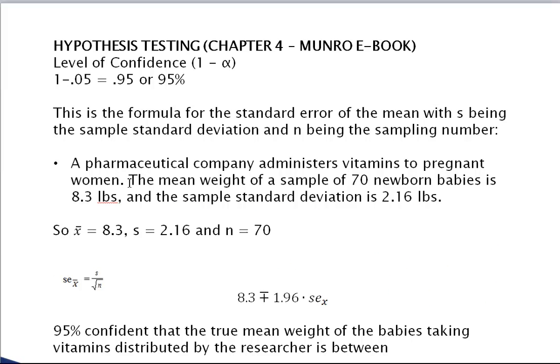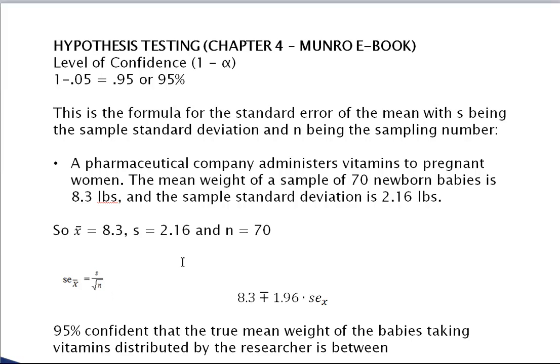Okay, so this, we just looked at on the last screen. And here is a formula for the standard error of the mean. All you need here is the sample standard deviation and the number in the sample.